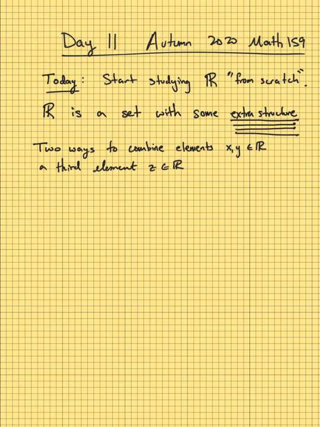These are usually called binary operations. So these are two binary operations, which is just another word for functions that go from R cross R to R.